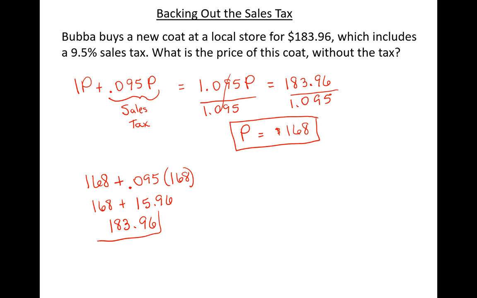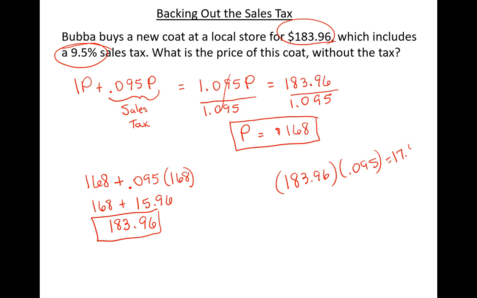It works. Now, what you do not want to do is say, oh, the sales tax is 9.5%. I'll just take this price, 183.96, and just multiply it by 9.5%. So if I multiply that by 0.095, that would give me $17.48.